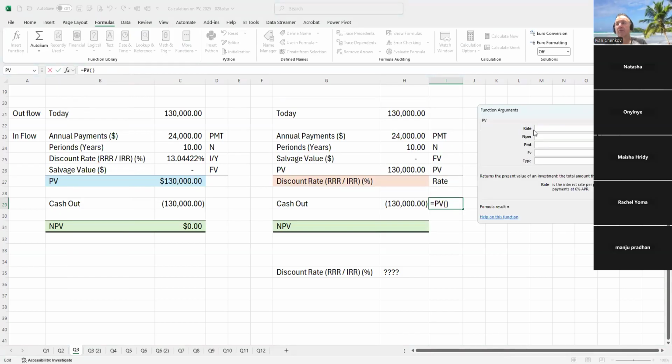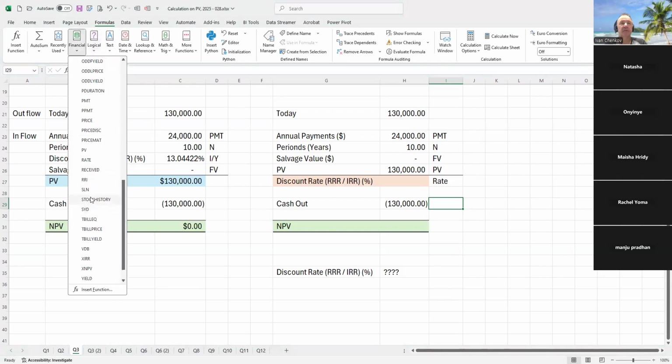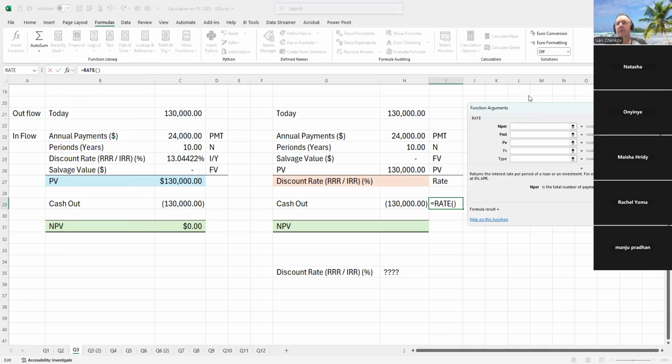We have to calculate the rate, correct? Yes, that's correct. So that means we have to find the formula for the rate. Let's go here and see which one says rate. Here, this one says rate. It returns the interest rate per period on the loan. Let's go with this one, rate, and let's plug in the information.